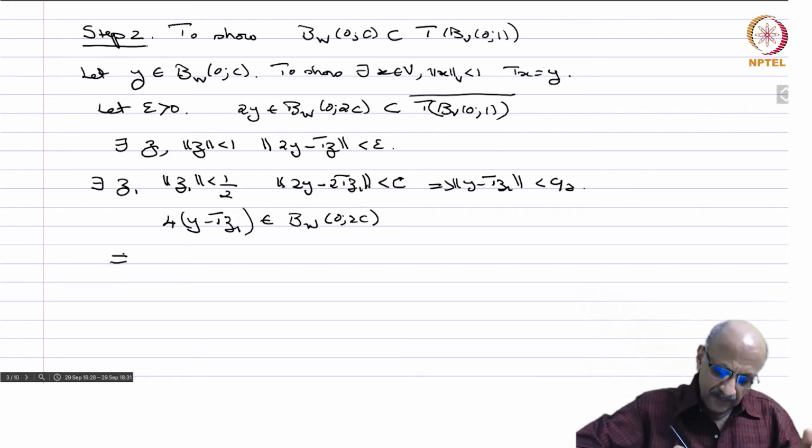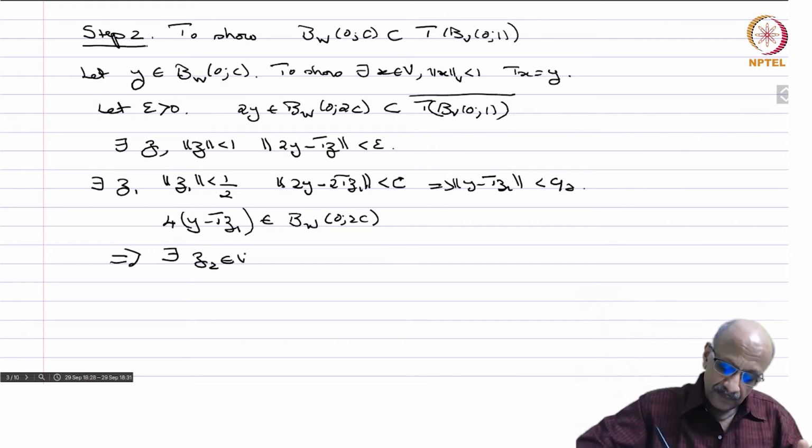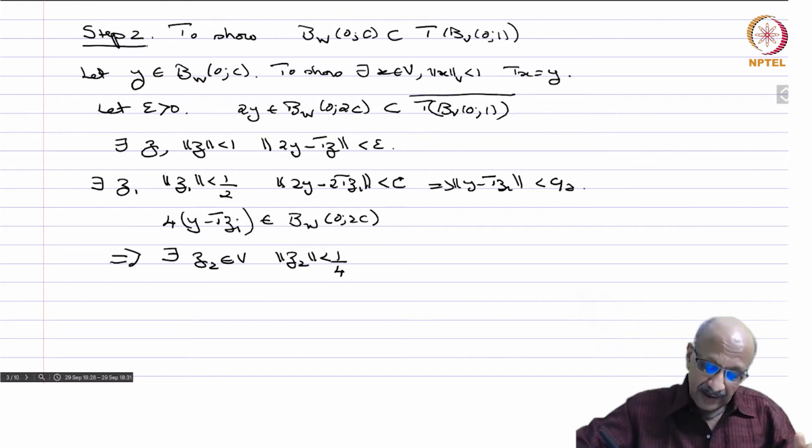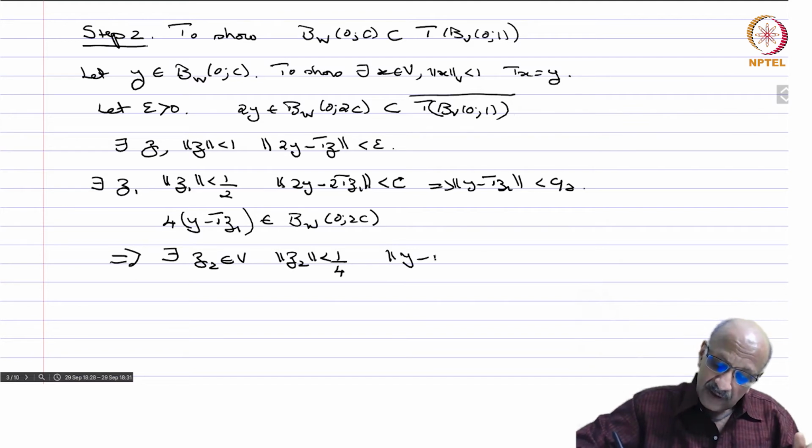So from this you have that there exists z2 in V, and norm z2 I take as less than 1 by 4, so that 4 times that will be what we want, and such that norm of y minus Tz1 minus Tz2 is less than c by 4.